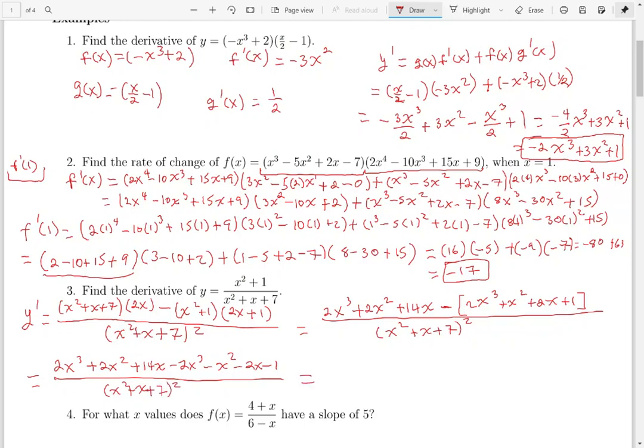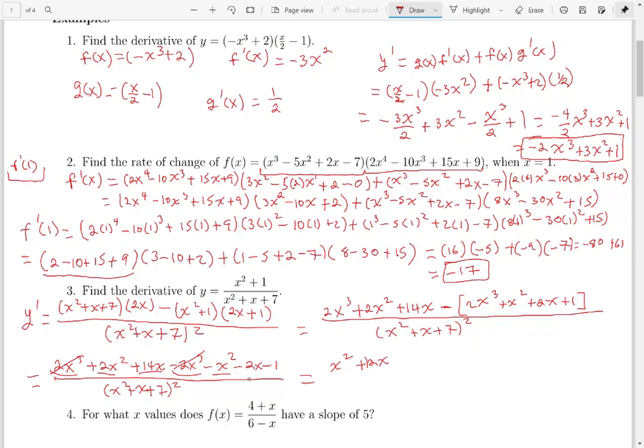Then clean it up further. 2x cubed minus 2x cubed, that gives me 0, so those go away. Then I have minus 2x squared, plus 2x squared minus x squared. That's then going to be x squared. So those are taken care of. And then 14 minus 2x, that's going to be positive 12x.